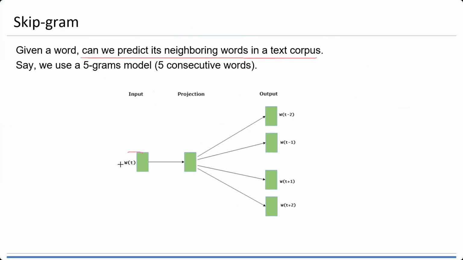If I have w t, the current word, and we use a 5-gram model, it means I know 5 consecutive words. So with the center word w t, I want to know w t minus 2, w t minus 1, w t plus 1, and w t plus 2. This is the concept of skip-gram.